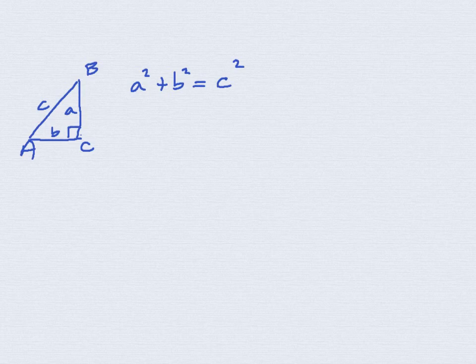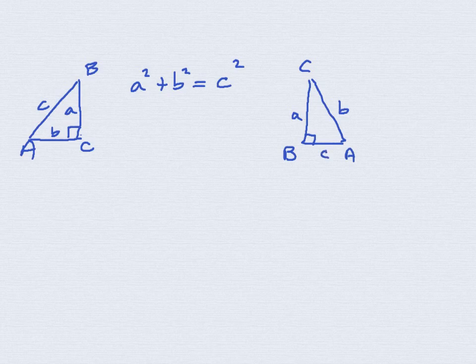What if some joker, namely me, gives you a different triangle and puts the letters on there differently? For example, it puts the right angle at B. The side across from angle B would be little b.